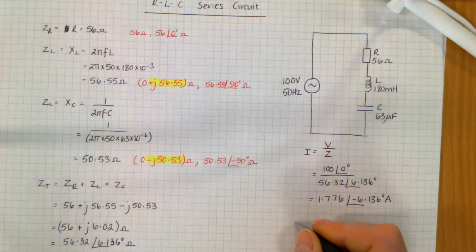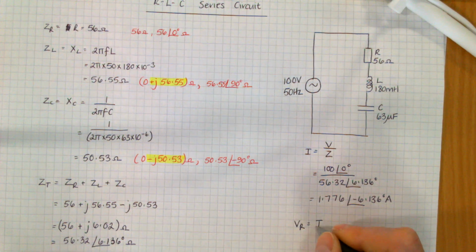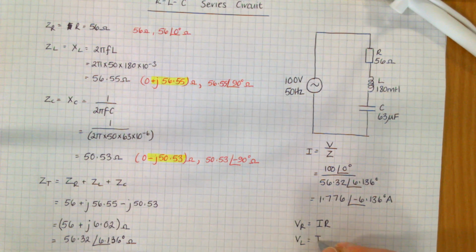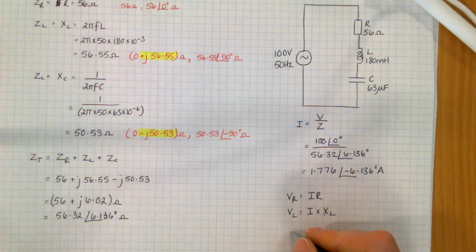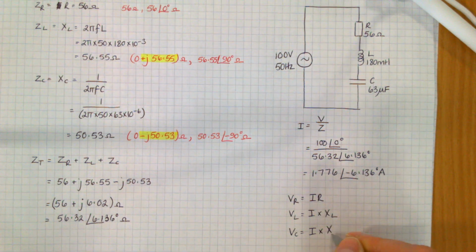The way you do the voltages is exactly the same. I've not really got space for it here. So VR, you just do I times R. VL, I times XL. VC, I times XC.